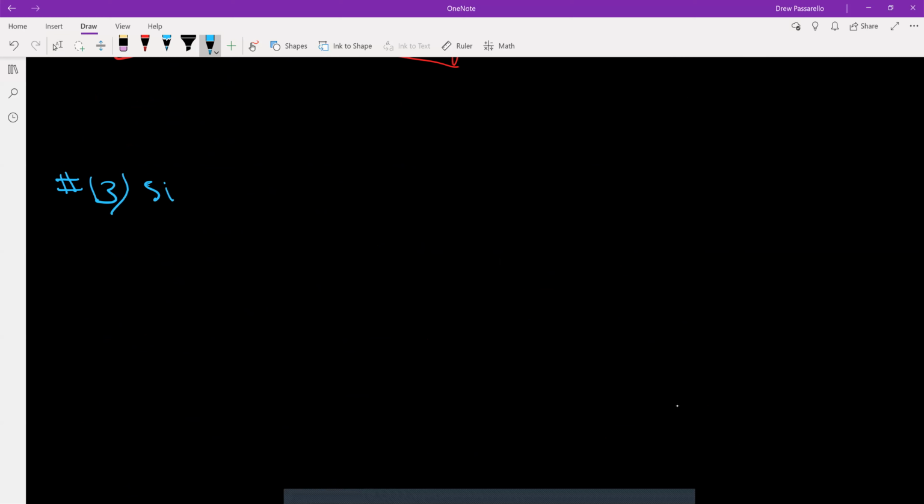And it's gonna be simplify, and it's e raised to 2 times natural log of square root of 9, and then plus 2 times natural log of x. So that whole thing is the exponent.